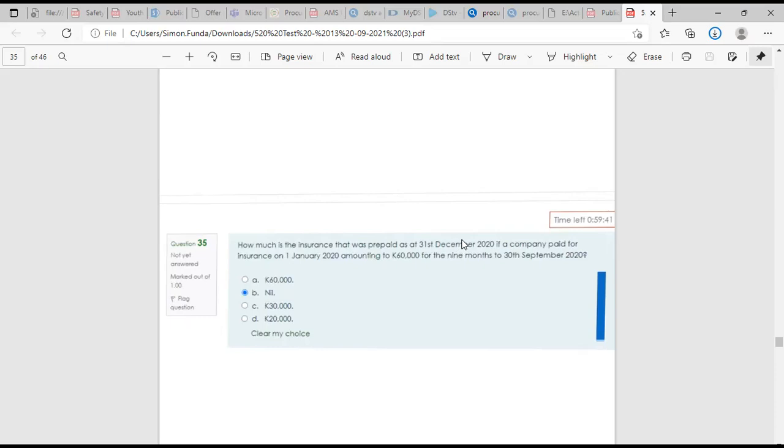So this amount was paid when? As at 1st December, meaning that's when the accounts are being prepared. But the money was paid in January.